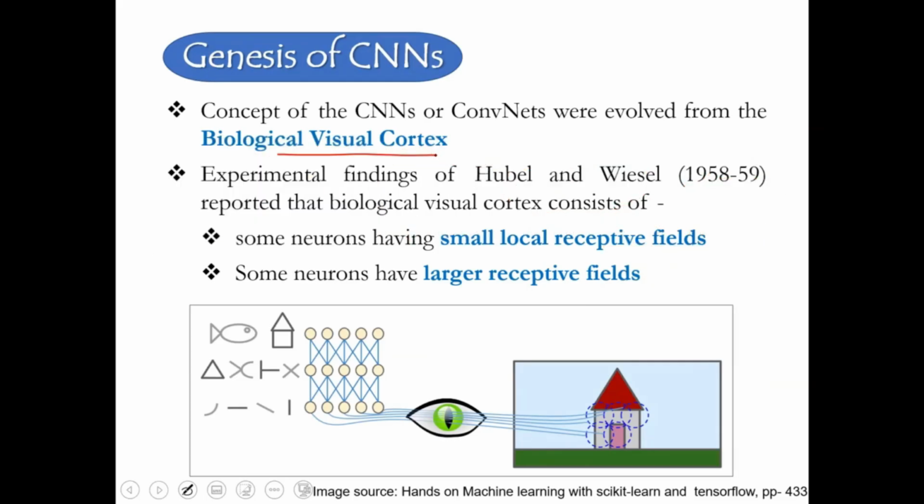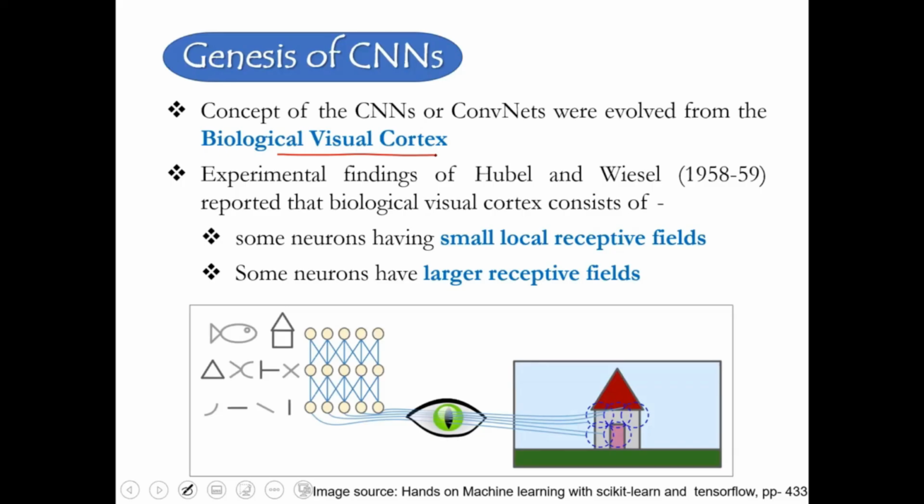Those neurons are activated based upon whatever scene we are seeing, and if there are some changes in that scene, those neurons will be activated and process further, and ultimately we see the images and learn the images. Right?